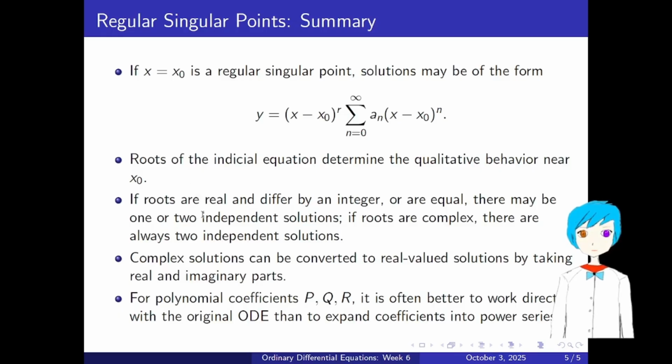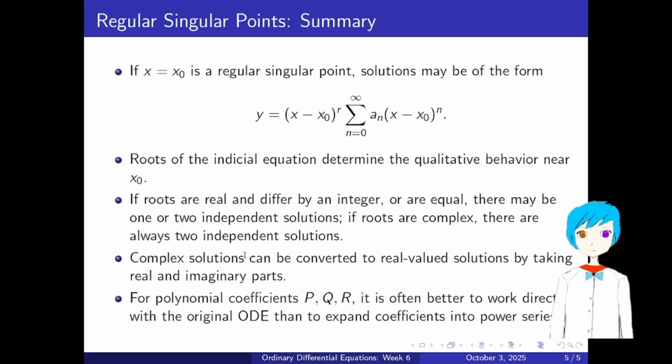If the roots are real and differ by an integer or are equal, there might be one or two independent solutions. However, if the roots are complex, then definitely there are two independent solutions, because we can always get the recurrence formula to determine any of those coefficients for the two fundamental solutions.